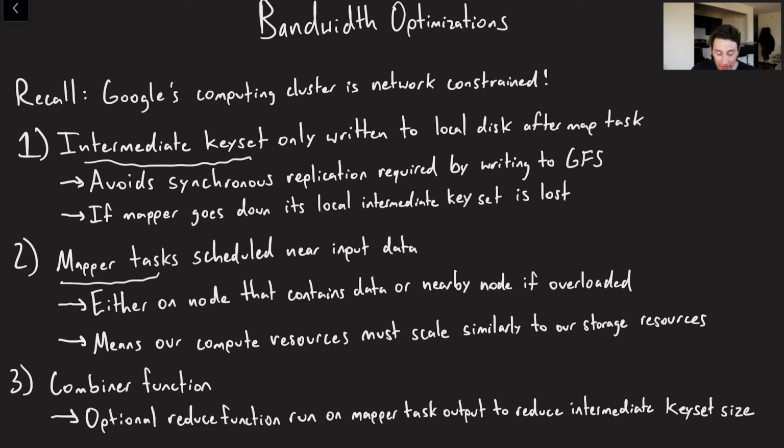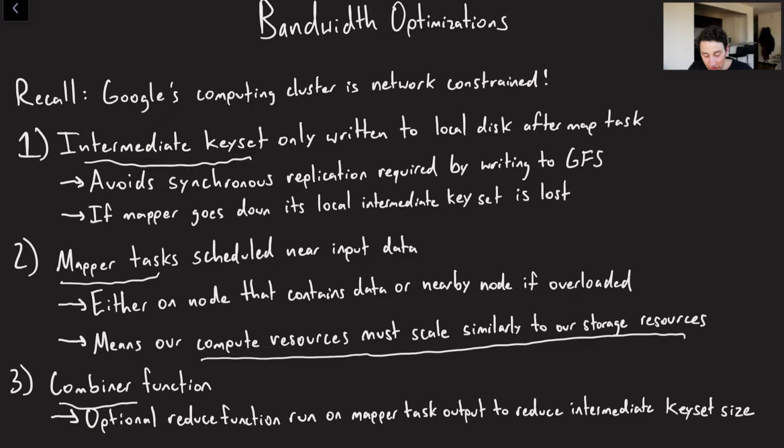Another thing, which I suppose is a downside of this, is that every single computer, as it continues to increase in hard drive space and stores more files, is more susceptible to getting scheduled more tasks. So typically what we want to do is scale our compute resources similarly, if not linearly, to our storage resources. And at least in today's computing environment, maybe this is a little bit less practical, but evidently they were willing to take that trade-off back then.